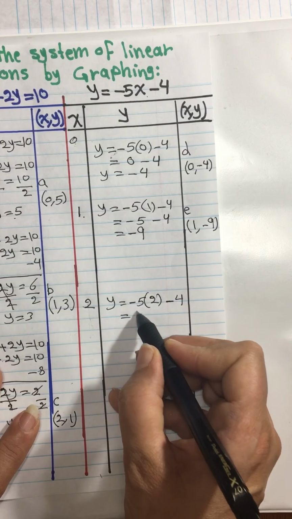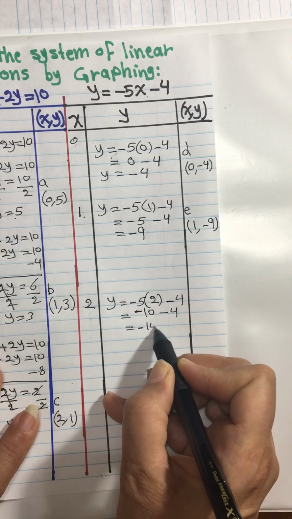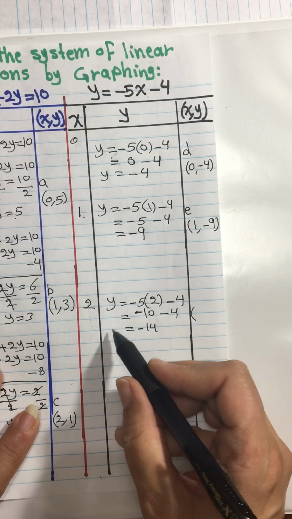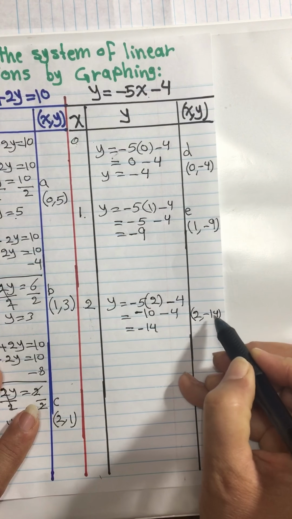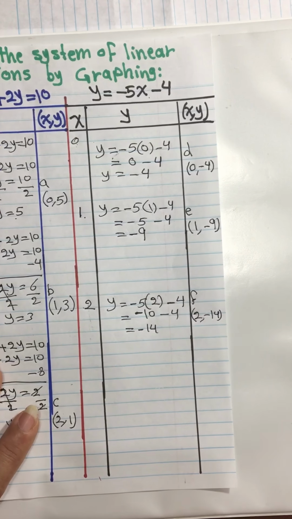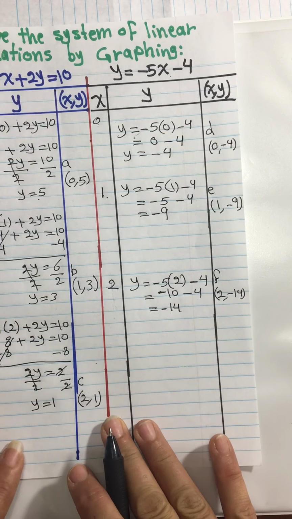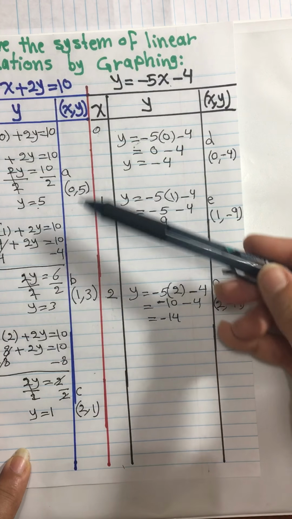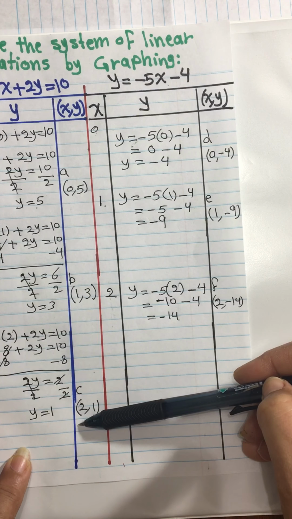Equals negative 5 times 2 is negative 10 minus 4, which equals negative 14. So the third ordered pair is going to be (2, negative 14). And I'm going to call it F. Now I'm done. So I can graph A, B, C, these three ordered pairs in the XY plane.